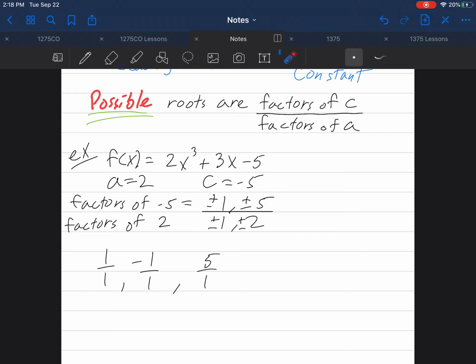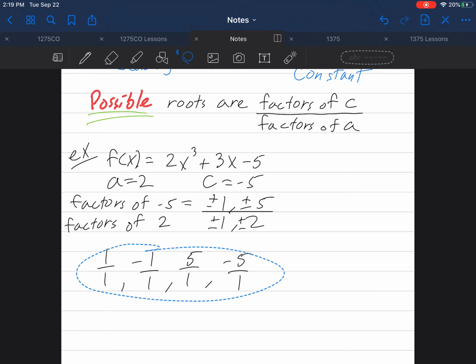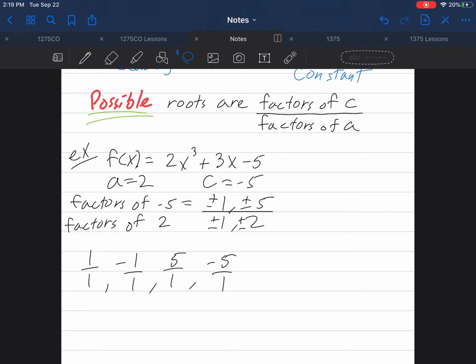That's +5 here divided by a +1 here. Or 5 can be a negative number, right? So these are some possibilities of roots that are rational numbers, right? Are they definite? Is it definite that 5 over 1 is going to be a root? No, it's not. It's a possibility.